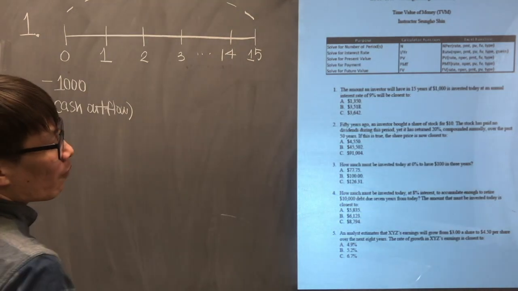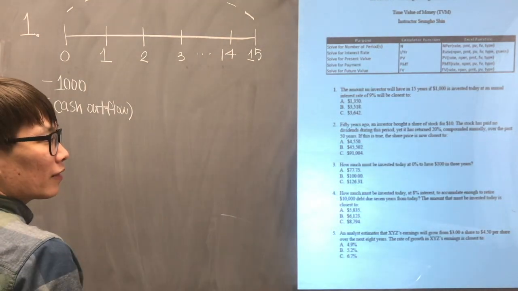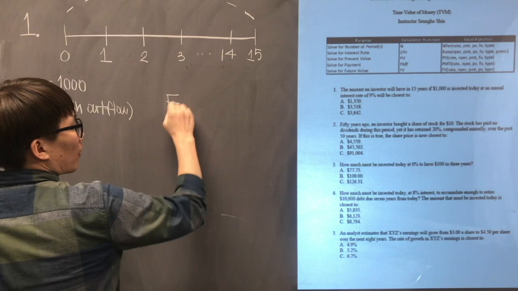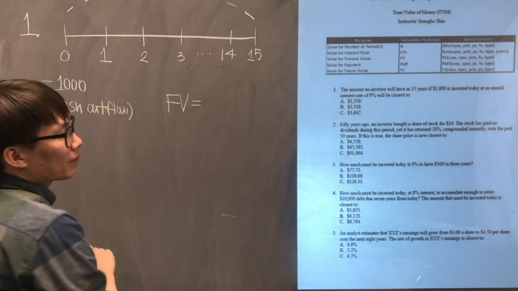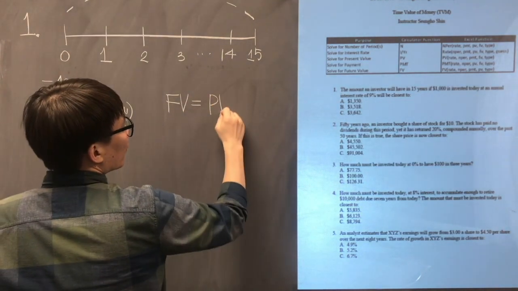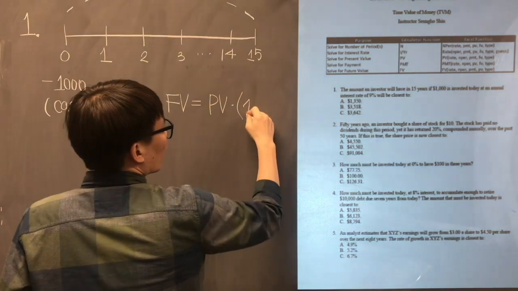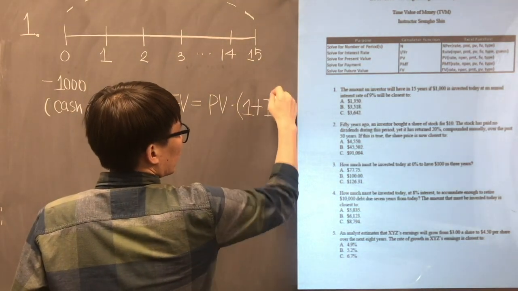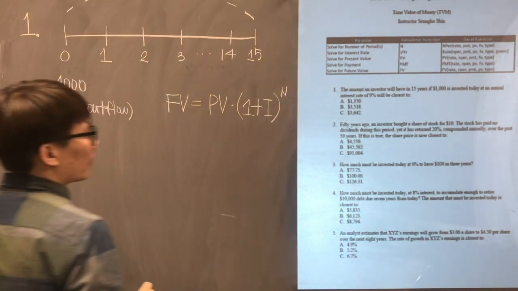So our formula will be what? Future value equals present value multiplied by 1 plus interest rate to the power of the number of periods.